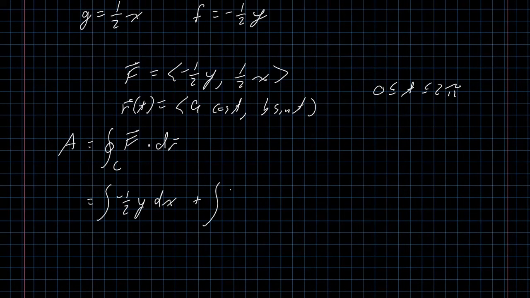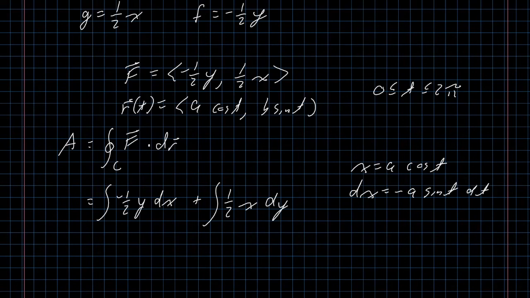My y component, 1/2 x dy. And of course, from my path, I know that x is a times the cosine t, which means that dx is going to be -a sine t dt. I know that y is b sine t, so I know that dy is going to be b cosine t dt.